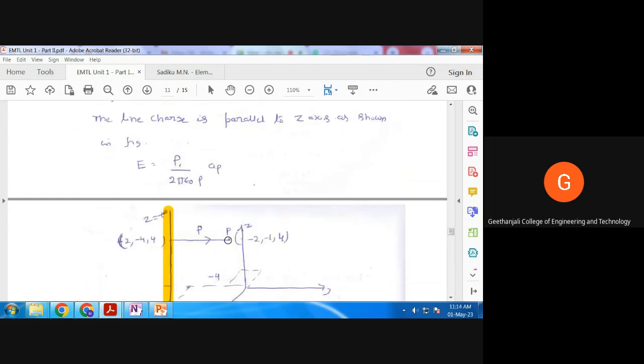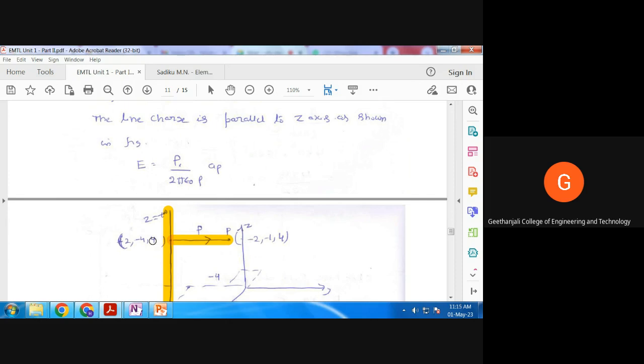So the perpendicular distance from point P onto this line charge is defined as rho. If you know the coordinates x1, y1, z1 and x2, y2, z2, you know how to write the vector rho: x2 minus x1 ax plus y2 minus y1 ay plus z2 minus z1 az.